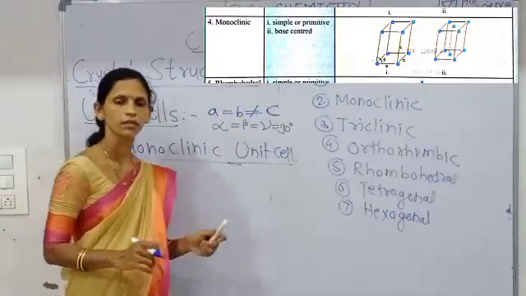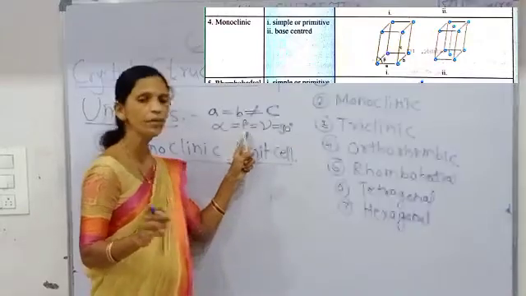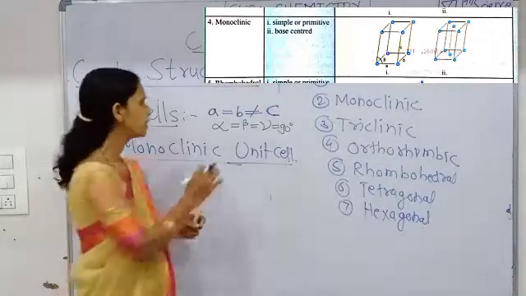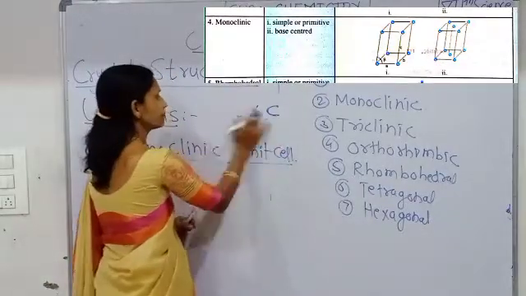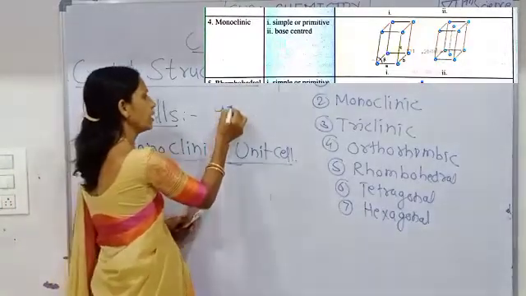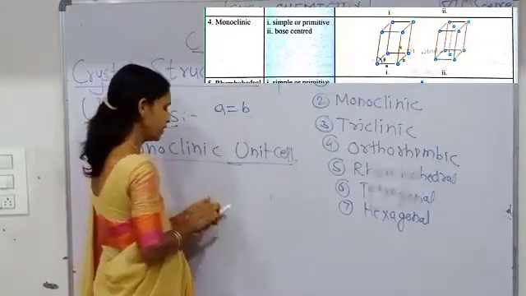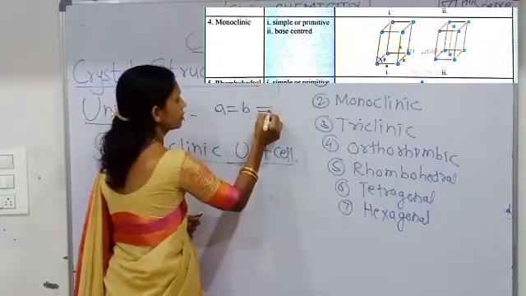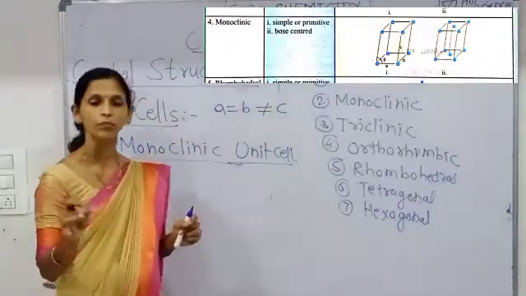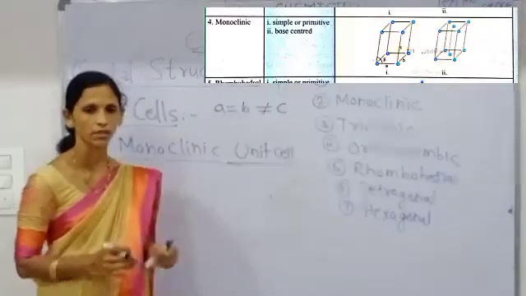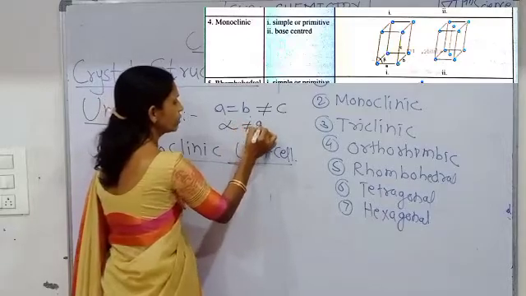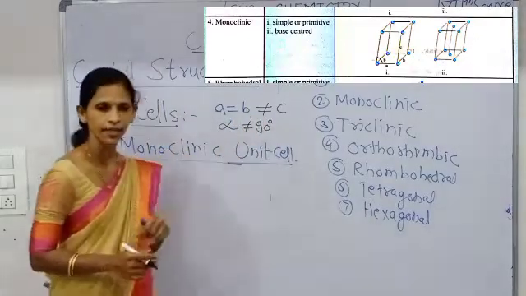And here alpha and beta, in which A and B edge lengths are equal, but C edge length is not equal to A and B edges. And here alpha is not equal to 90 degrees.